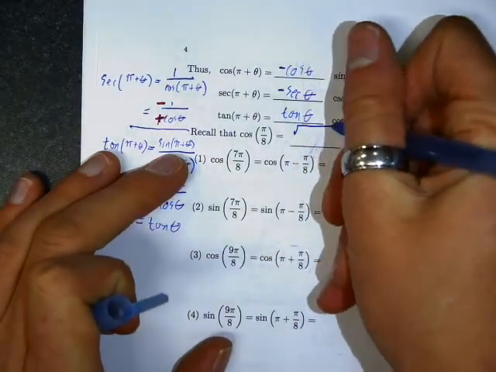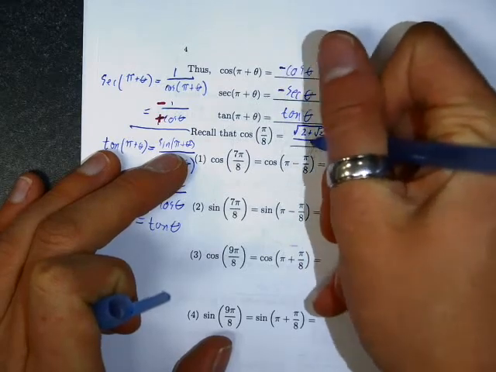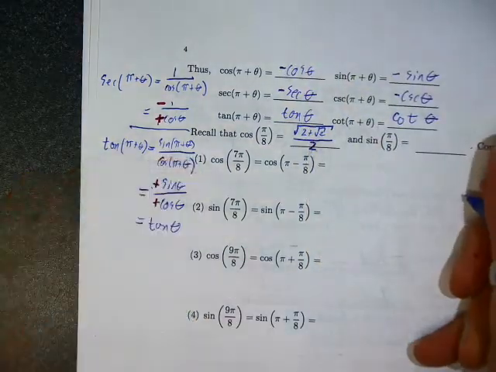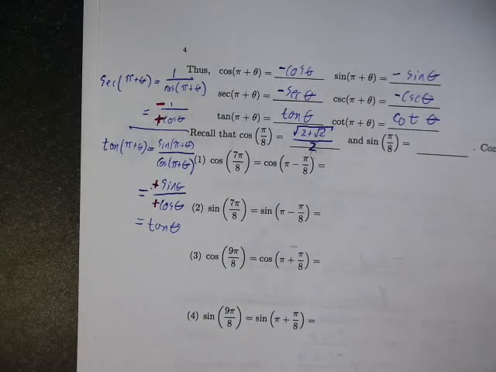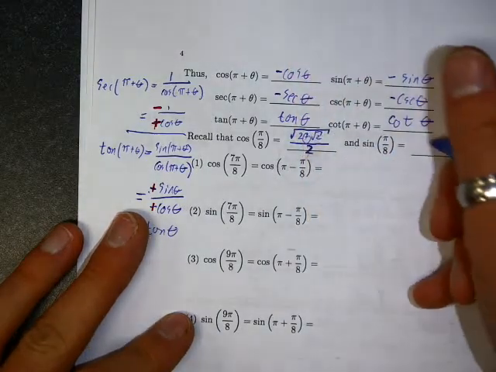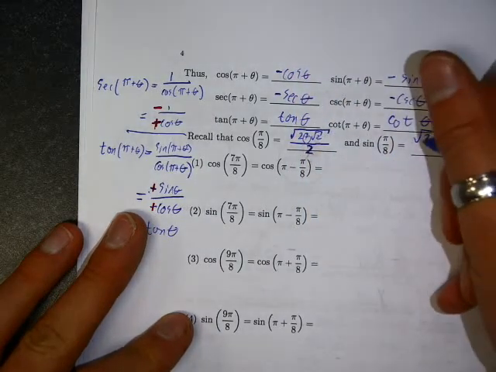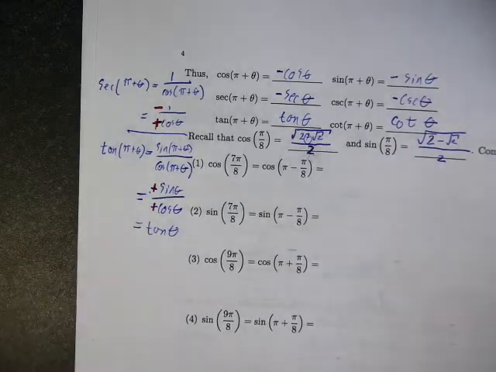Yeah, big square root in the top, 2 plus root 2, all over 2. What about sine of pi over 8? Do you remember what that is? It's the same, just with the negative. Yeah, with a negative there. So it's big square root 2 minus root 2, all over 2.